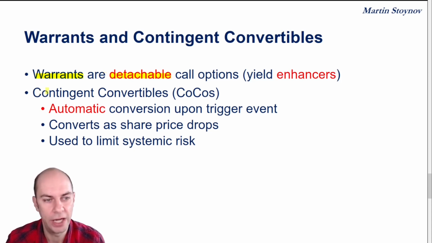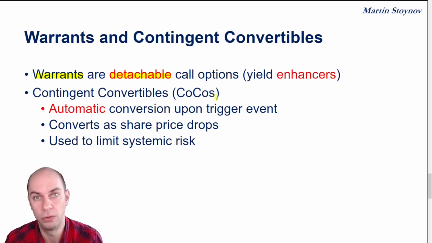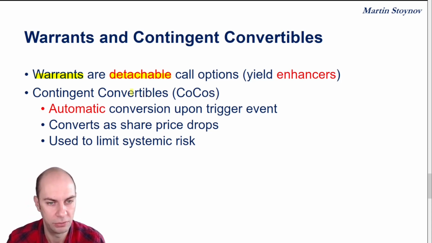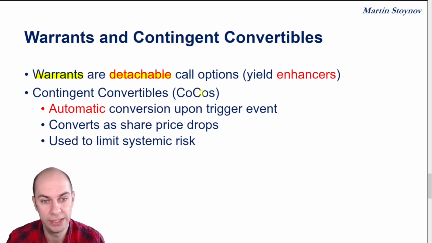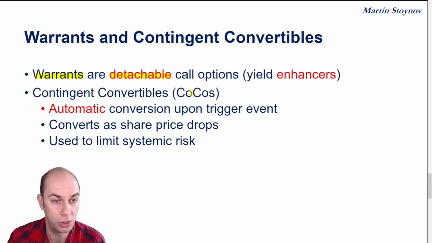The next item is the contingent convertible, which we lovingly call COCO. Now, this one is, as the name suggests, a convertible bond. It's a fixed income with an embedded call option.